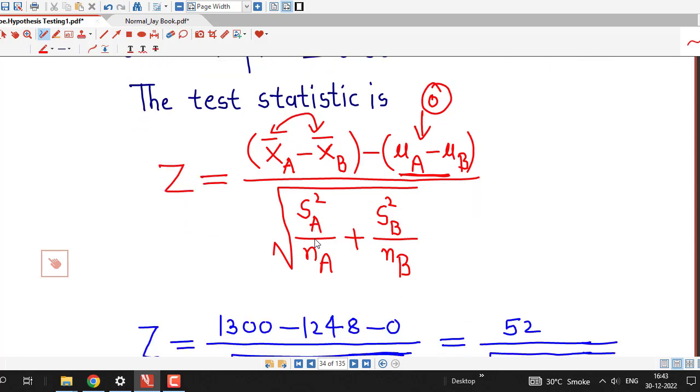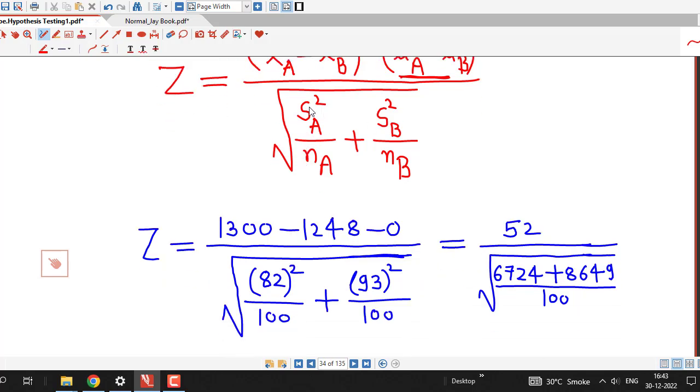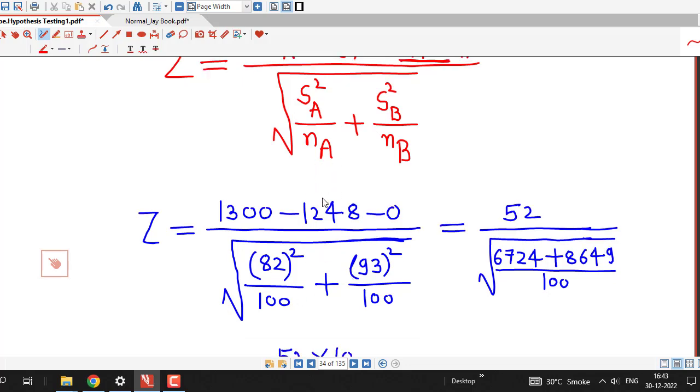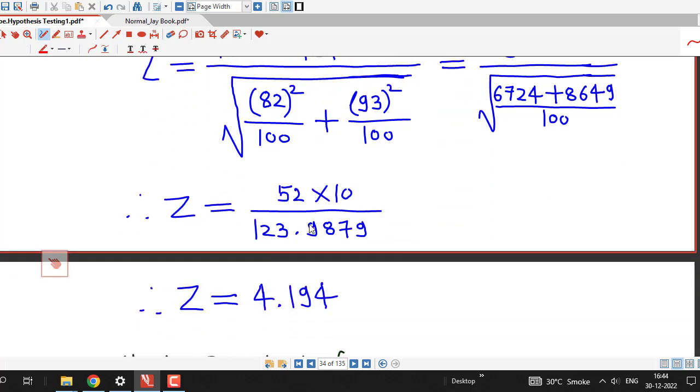We are given that x bar A is 1300, x bar B is 1248. Similarly, sample standard deviation for company A is 82, for company B it is 93, and sample size is the same, 100. We simplify all this using a scientific calculator, and we find that the value of the Z statistic from the given sample data turns out to be 4.194.